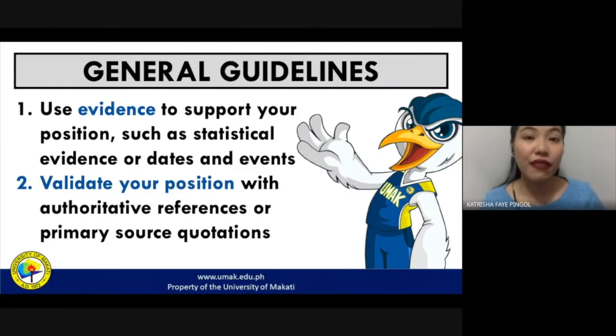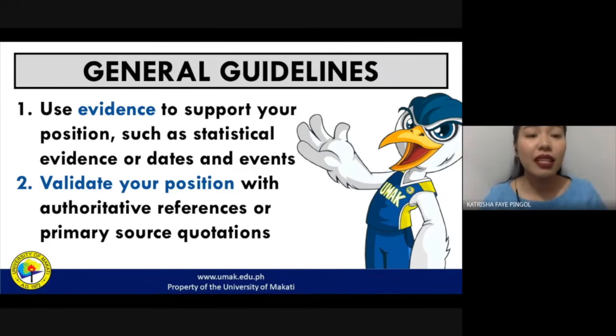If you are in favor of getting inoculated with a vaccine, then you can use scientific evidence that would support your claim. And you can reference those scientific claims or scientific information with statements from doctors, with statements from scientists, with statements from government agencies, and the like.